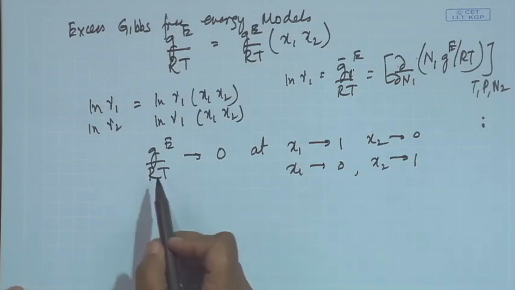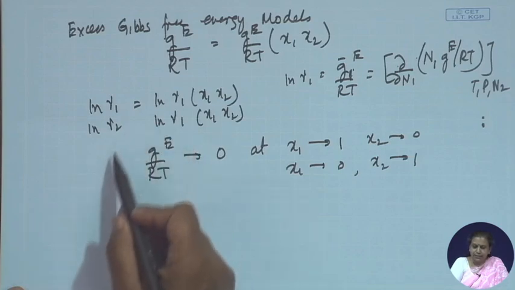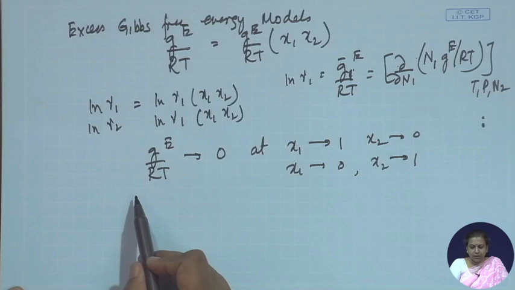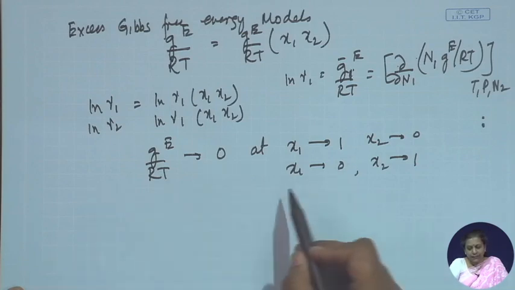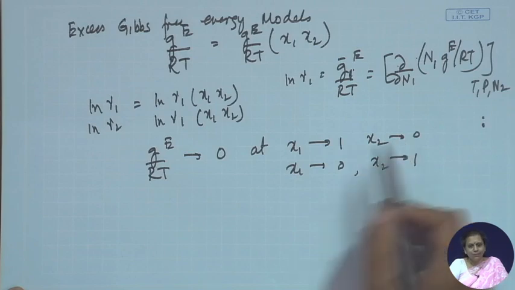So, the simplest expression which expresses the excess Gibbs free energy in terms of composition should become equal to 0 either when x1 becomes equal to 0 or when x2 becomes equal to 0. So, what can be the simplest expression?